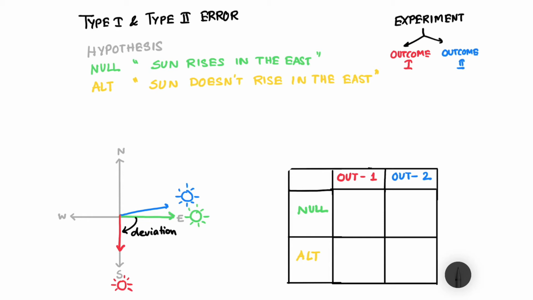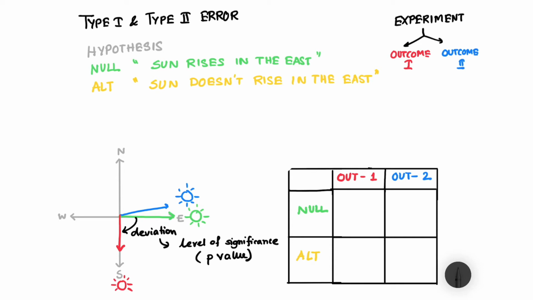Right? So this significant deviation, or the level of significance, tells us about the level of significance, right? Now this level of significance is statistically determined by something known as p-value, right? So for this video purpose, as per the diagram we can see that the outcome that we are getting, that the sun is rising in the south, is significant.